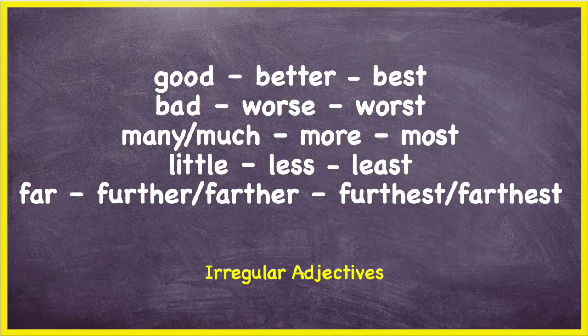Also with bad, you say bad, worse, worst, or the worst. Many, more, or most. Much, more, most. Little, less, the least. Far, further, furthest. Or far, farther, farthest. Both are okay there.